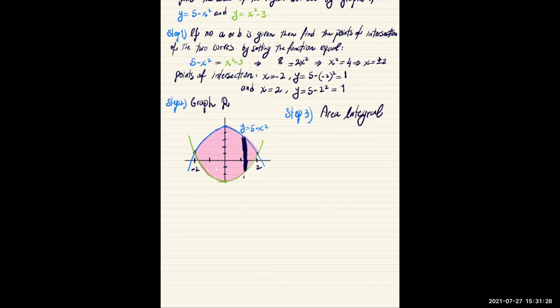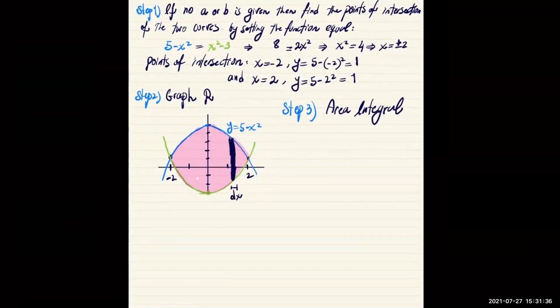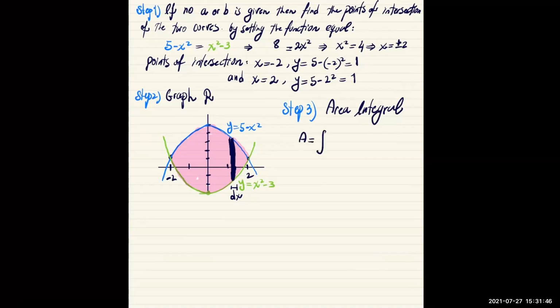And again, this is the width, which is delta x. And the length is the top function minus the bottom function, which is x squared minus 3. So area here is equal to the integral from -2 to 2 of the top function, 5 minus x squared, minus the bottom. Always top minus bottom. x squared minus 3.